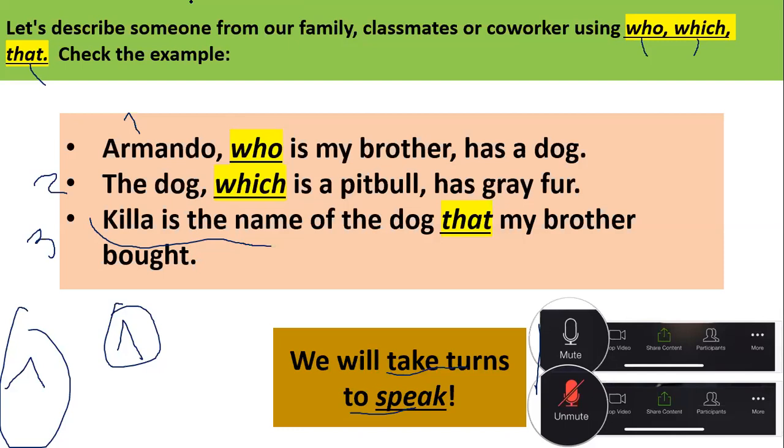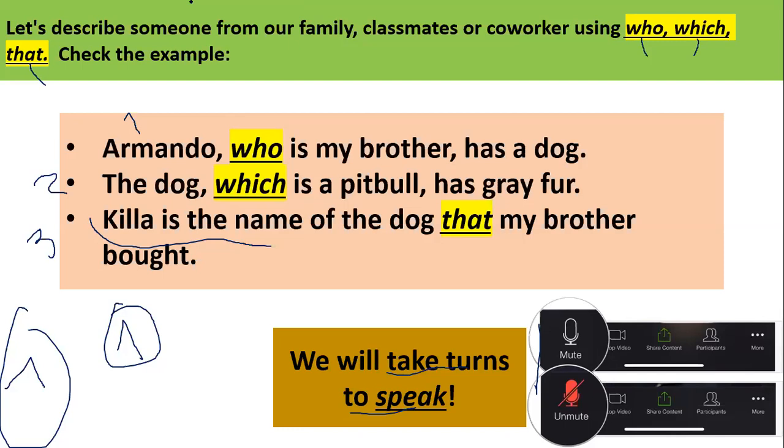Okay. Do you want to select someone else? Ceci? Kira is the name of the dog that my brother and I adopted. Okay, very good. Can you select someone else, Ceci?